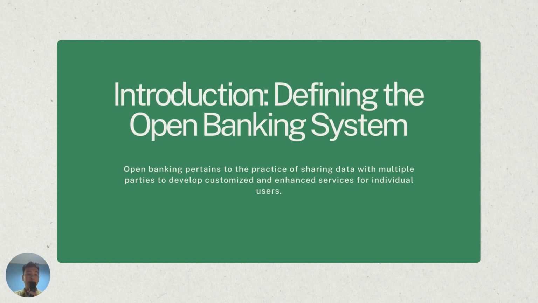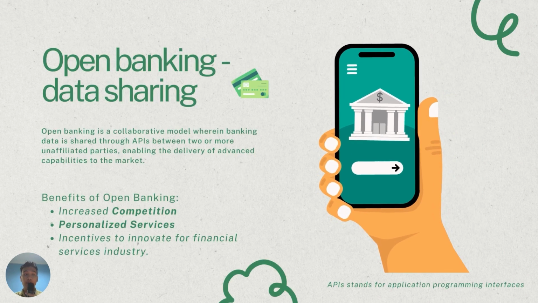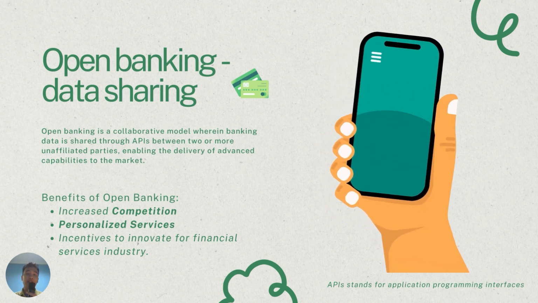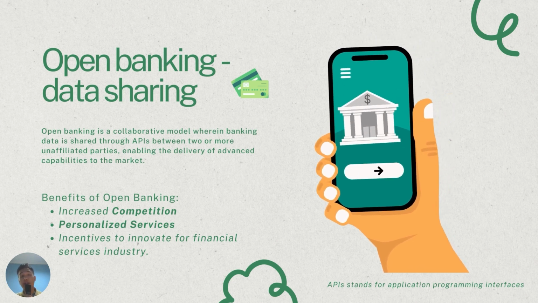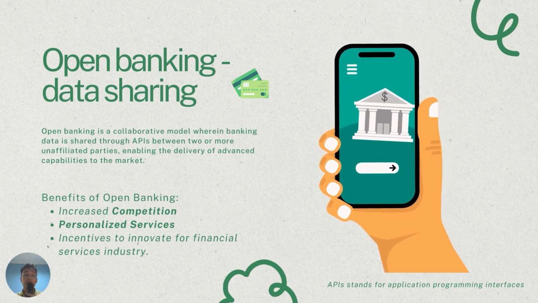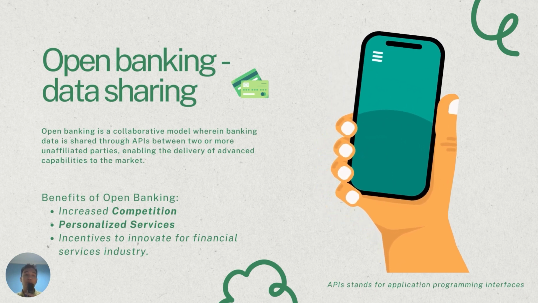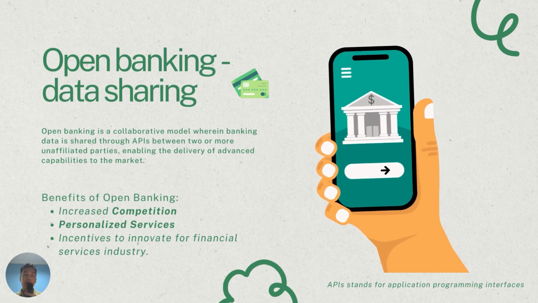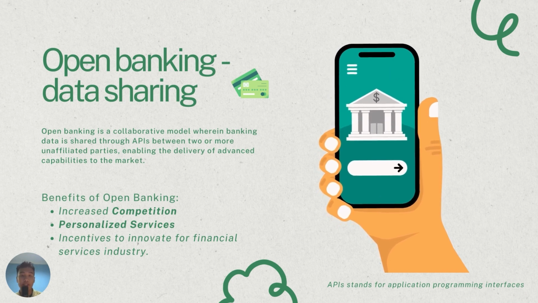Basically, the open banking system is a way for a bank to share its consumer data with a third party, and the third party will use that data to create a new innovation, a new product that essentially will also benefit the consumer itself.